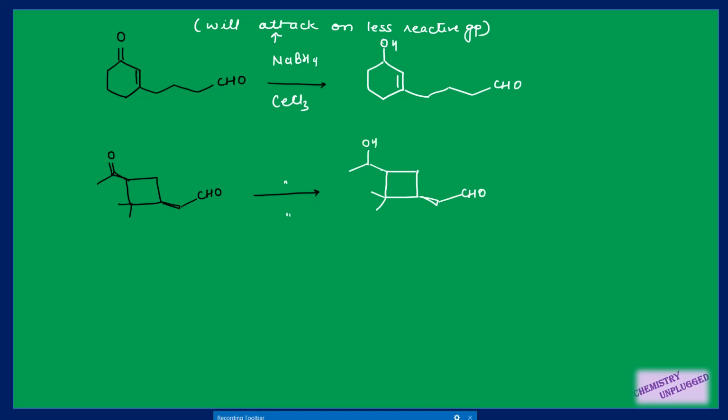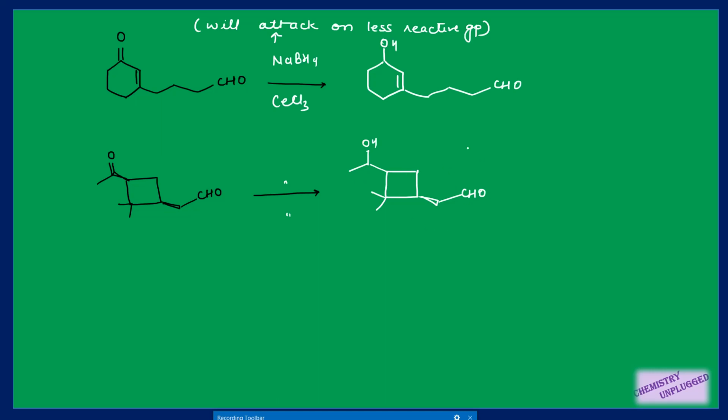And then the question comes, what will be the side of attachment of this OH, what will be the plane of its attachment? I have told you in the Claisen-Book summary, in the chapter on cyclic molecules, that the incoming group tries to attack from the side which is less hindered. In case of 4 and 5 membered rings, the incoming group tries to attach from the less hindered side, right?